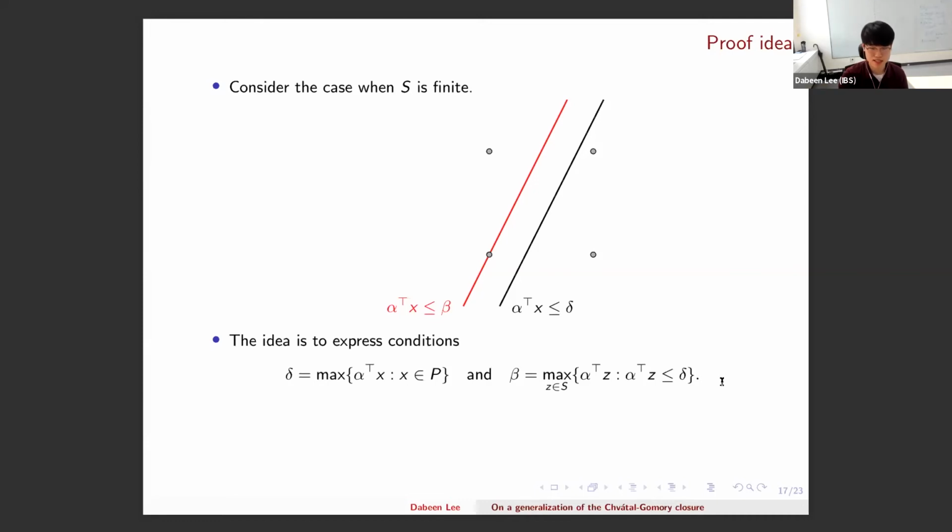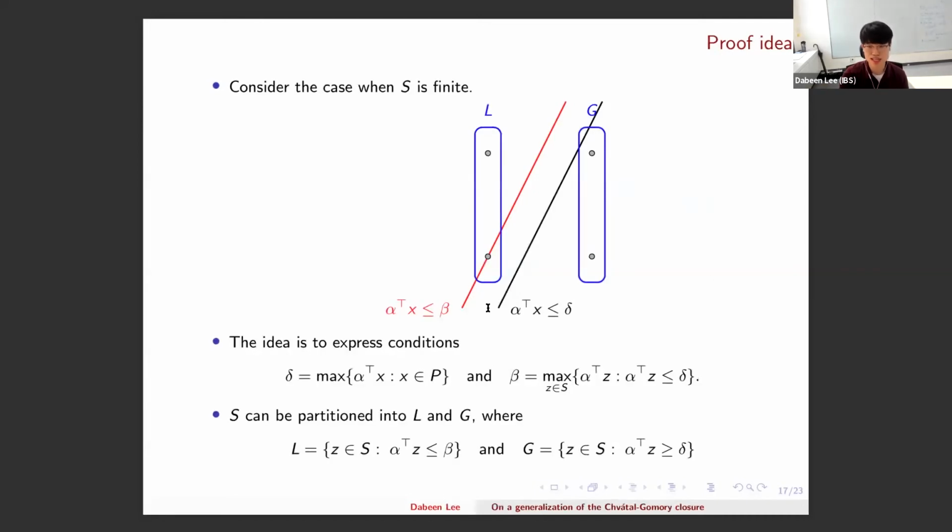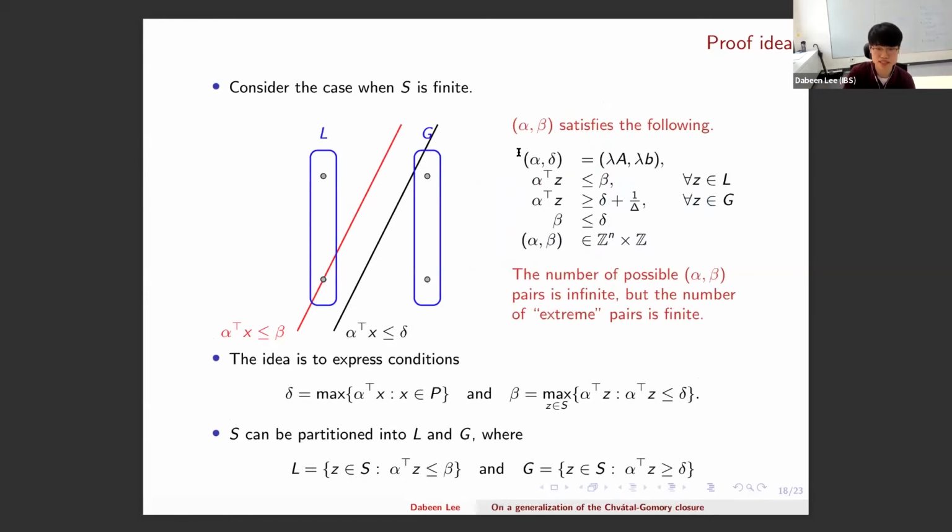So I'm given this partition L and G, and I'd like to understand when this SCG cut alpha transpose x less than or equal to beta gives me this partition. This can be done by writing down conditions on alpha and beta. Alpha and beta take integer values, and as long as alpha and beta satisfy this set of linear inequalities, then this will give me this partition, and this also corresponds to an SCG cut.